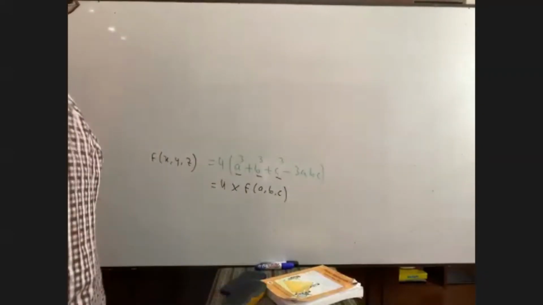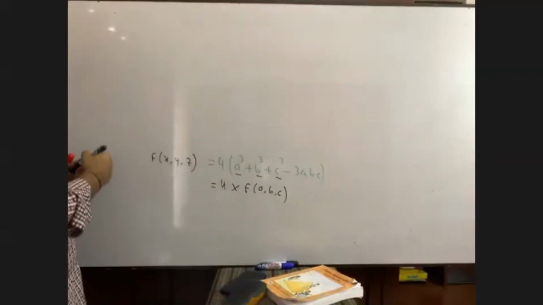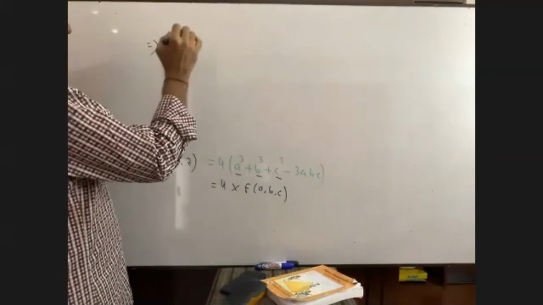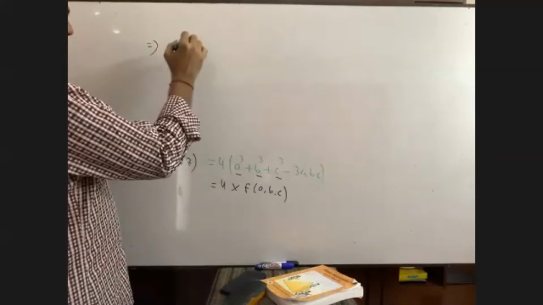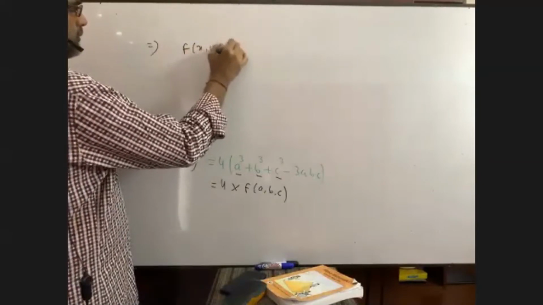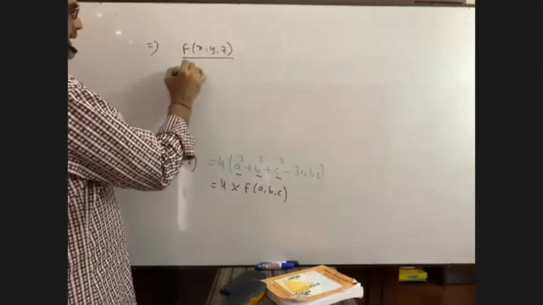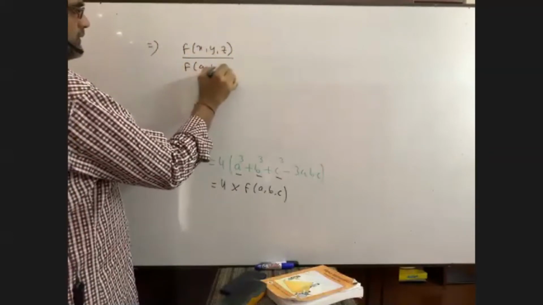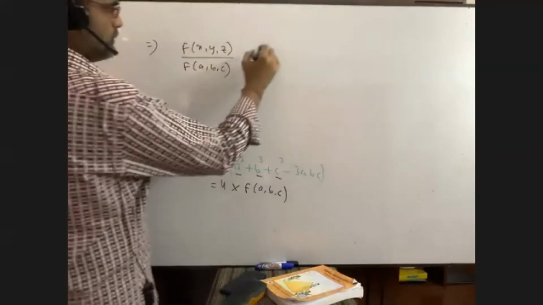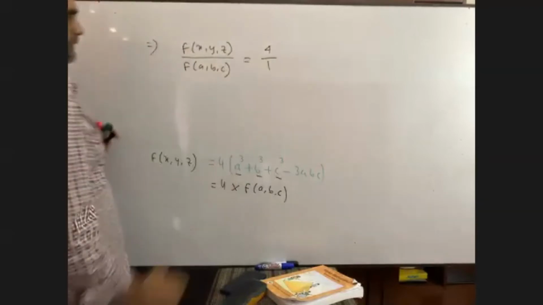Now we can write here f(x,y,z) by f(a,b,c) is equal to, can you tell me, 4 by 1. Yes, sir.